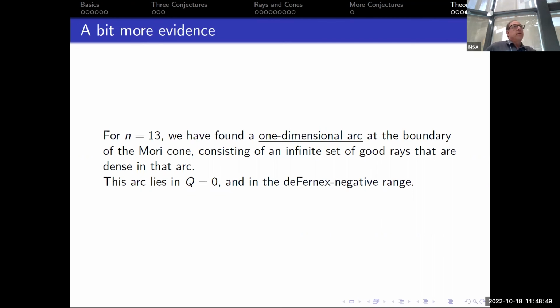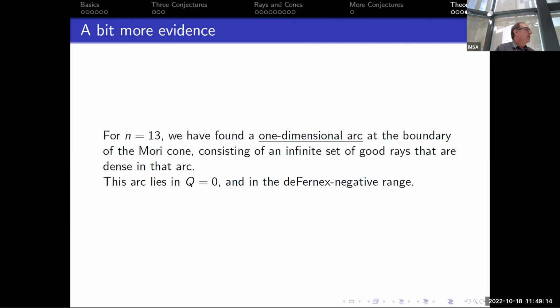And in that arc, there are, of course, many irrational points. So here's a further evidence for the delta conjecture, that the positive part of the Mori cone is generated by the Q equals 0 thing. And that arc was all in the different X negative range too.